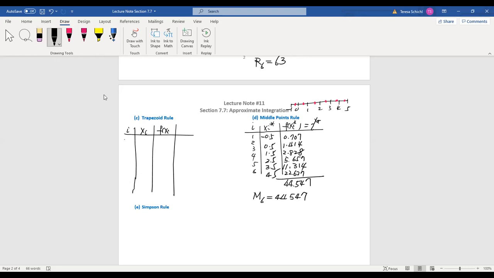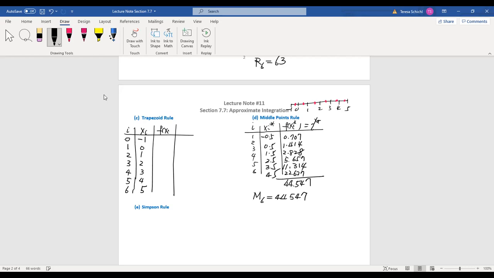I'm going to have 0, 1, 2, 3, 4, 5, 6. The points will be negative 1, 0, 1, 2, 3, 4, 5.